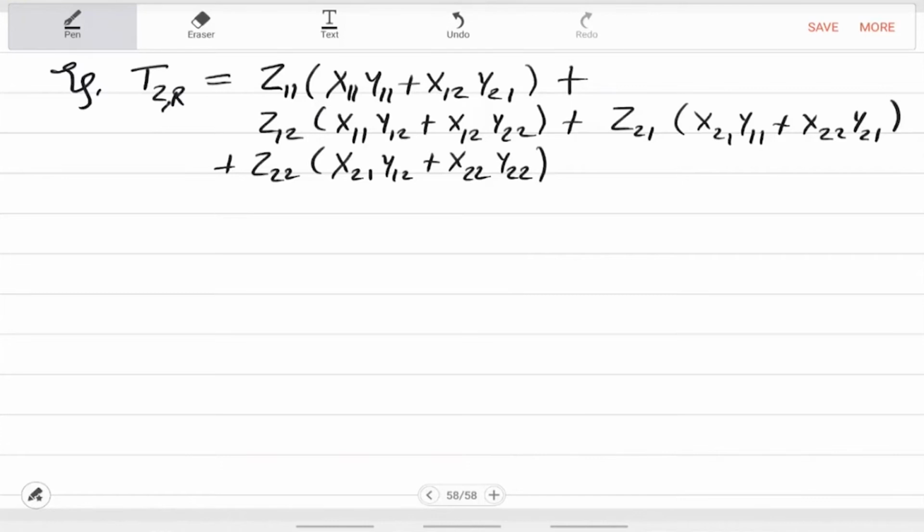So there are exactly 3 times 2 square many variables.